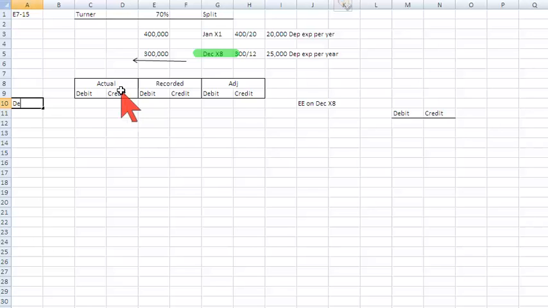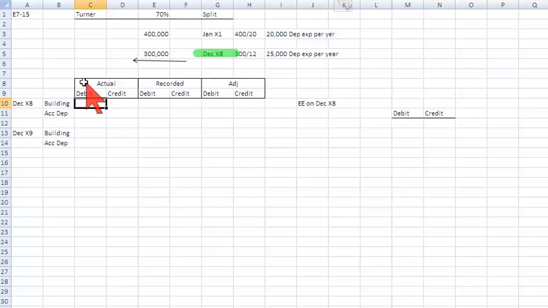So we'll put December X8 and then December X9. And we're going to have an actual and recorded amount for both the building and also the accumulated depreciation on that building. Now this is very similar to E11, so look at that if you haven't.